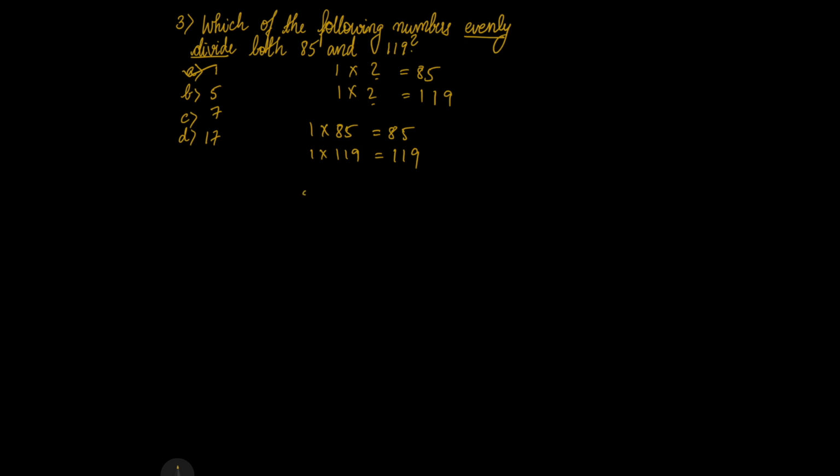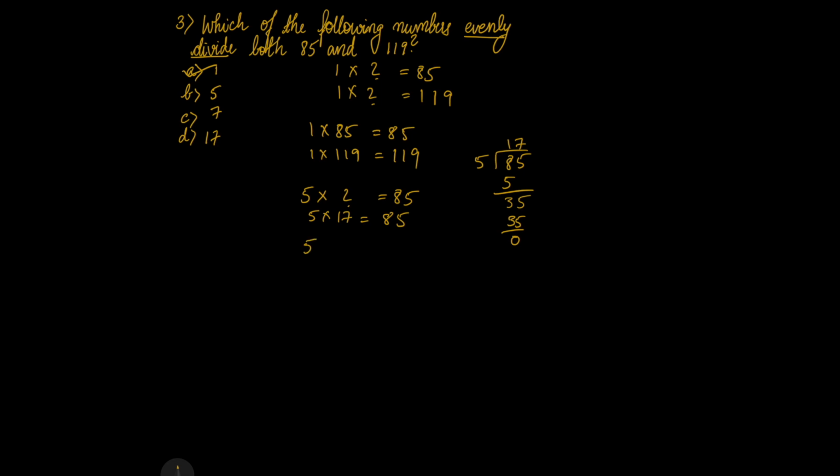Now, what about 5? Is there any number that you can multiply by 5 to get you to 85? Well, let's divide 85 by 5. That's 17. So you can multiply 5 by 17 to get you to 85. And what about 119?